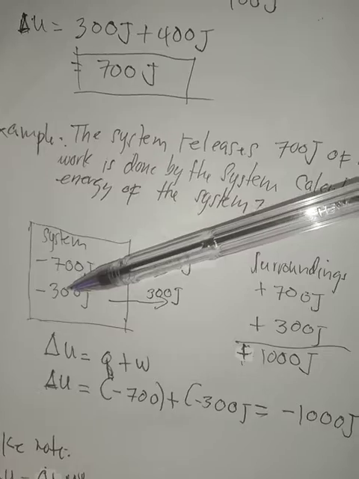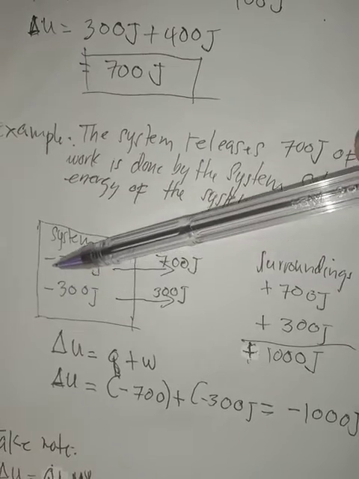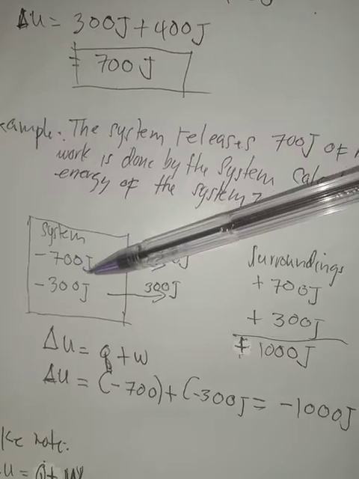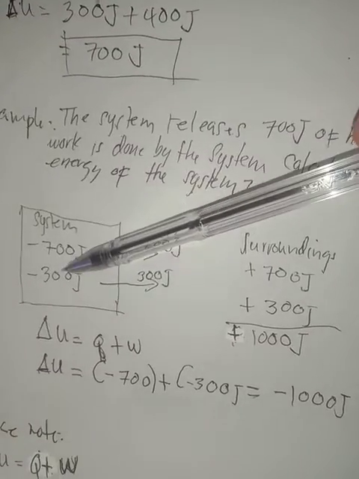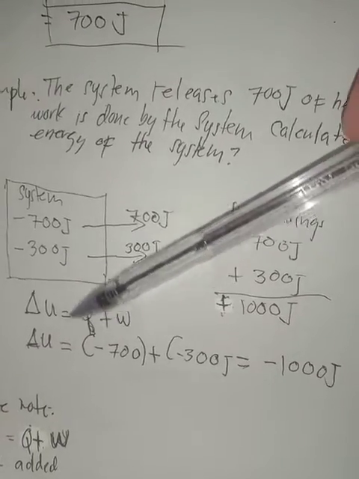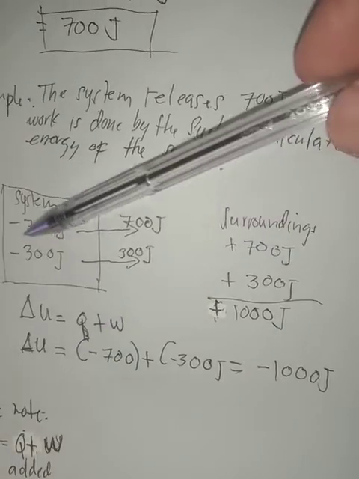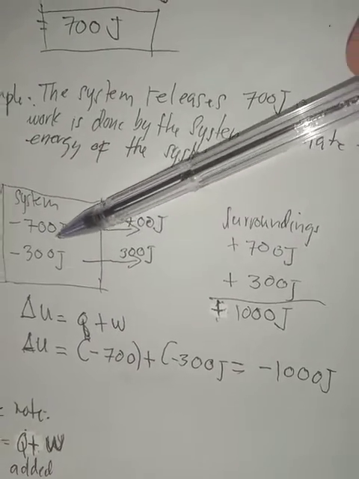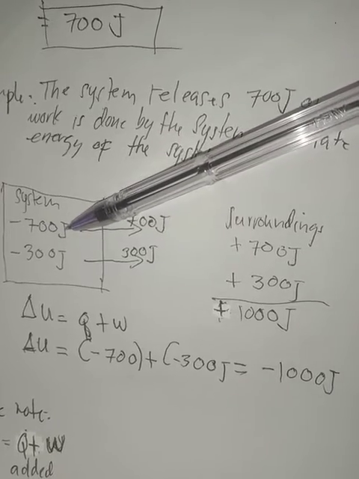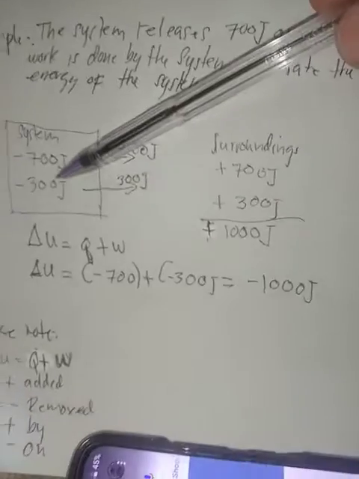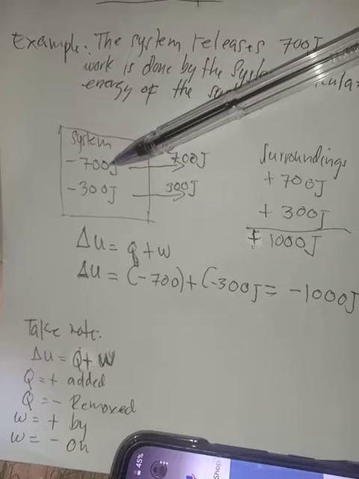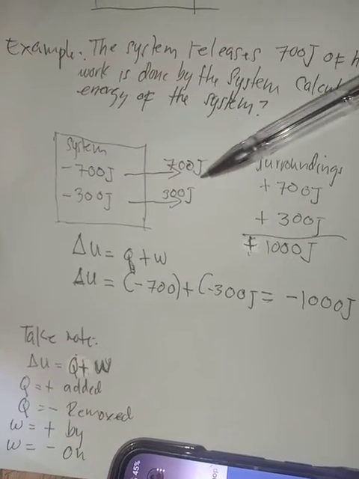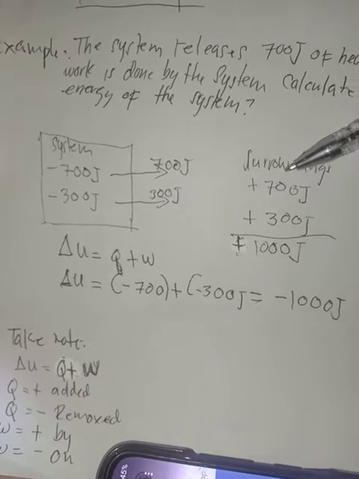The work done by the system has a negative sign because it is going out, and then the surrounding is positive.